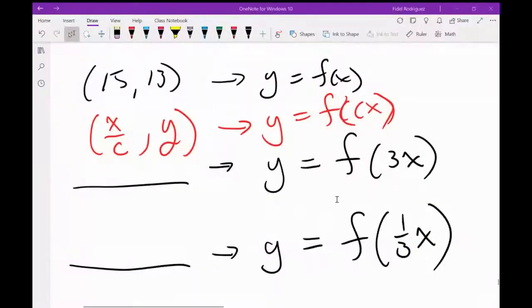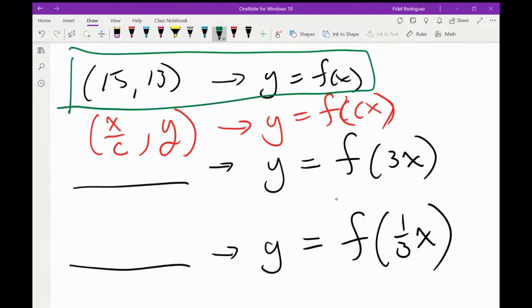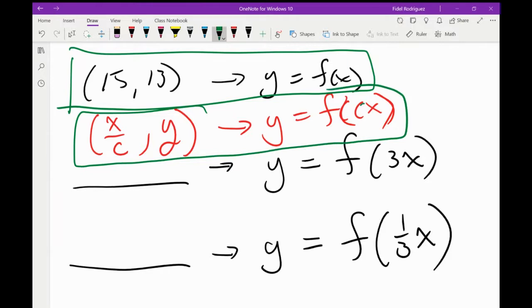Let me show you what we're going to do. These are the numbers that we had: (15, 13). If that point is on y equals f of x, then the point (x divided by c, y) is going to be on y equals f of cx. So we're trying to figure out what point would be on y equals f of 3x.